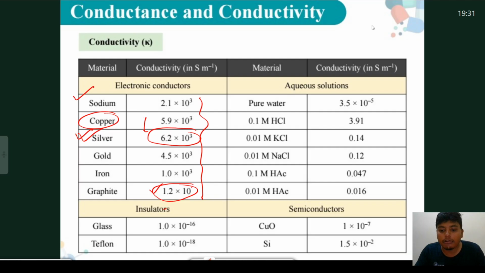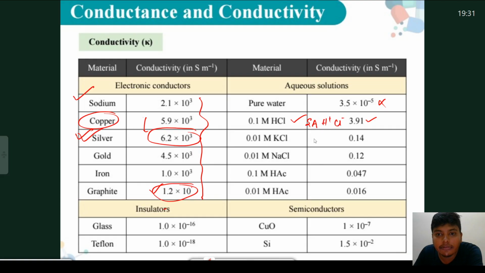Now in aqueous solution you can see, pure water will not show any electricity, 10 power minus 5, very small. Whereas HCl will show electricity. KCl will show a little bit smaller. So how to identify it? HCl is a strong acid and contains what ions? H plus and Cl minus.